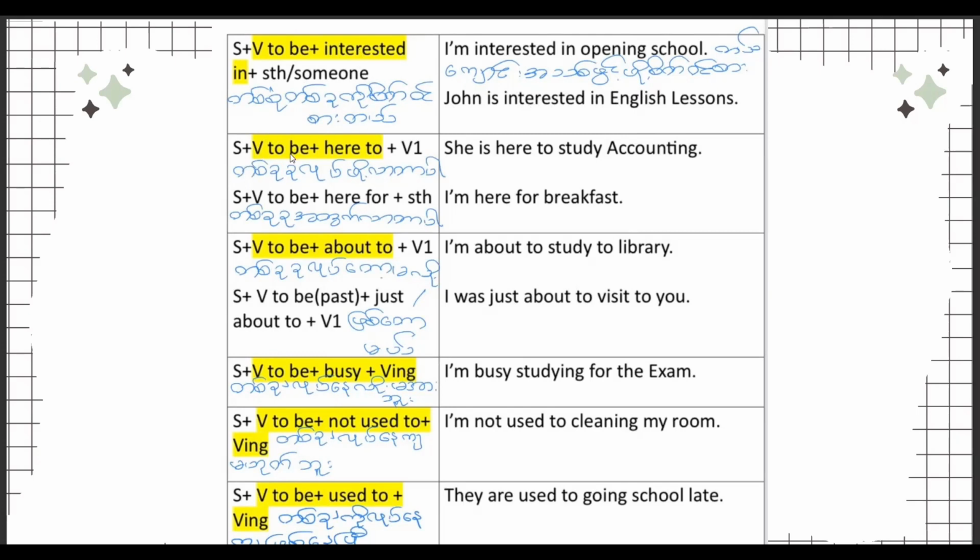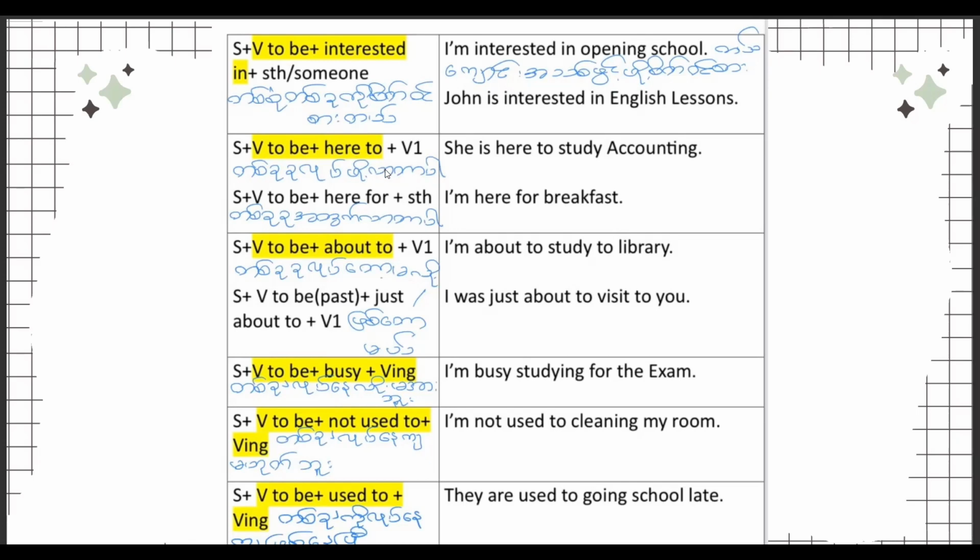Another one is subject plus verb to be plus here to plus verb 1. Verb to be means am, is, are, was, were. But here it is maybe am, is, are. It means being here to do something. And then here is subject plus verb to be plus here for something. So it may change here: the first one is to and the second one is for. Here is verb 1 and here is something. For example, she is here to study accounting.